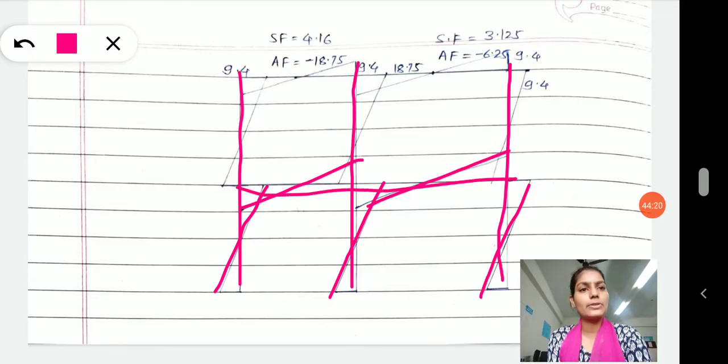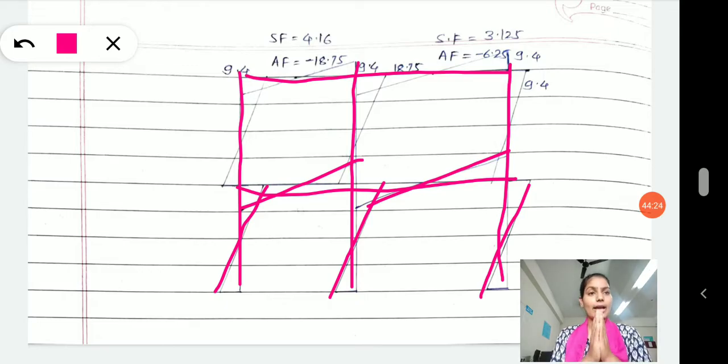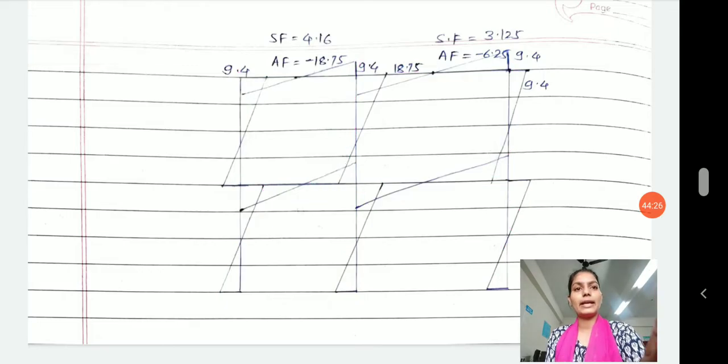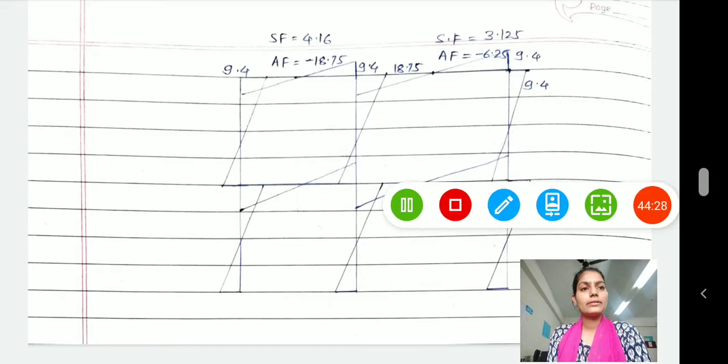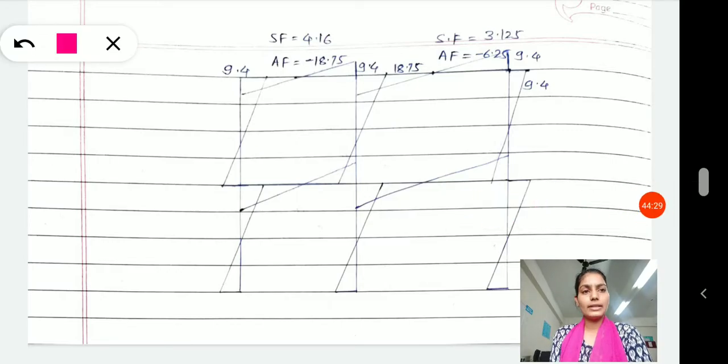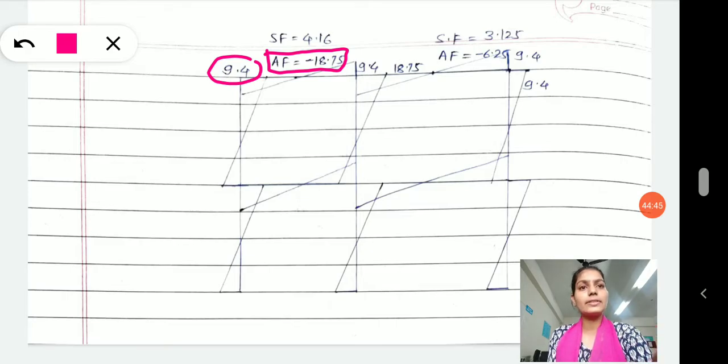This is my original frame. Now understand how I have made this bending moment diagram. This bending moment diagram and shear force diagram consists of three values. 9.4 is a value of bending moment. AF is showing us an axial force, whereas shear force is represented by 4.16.